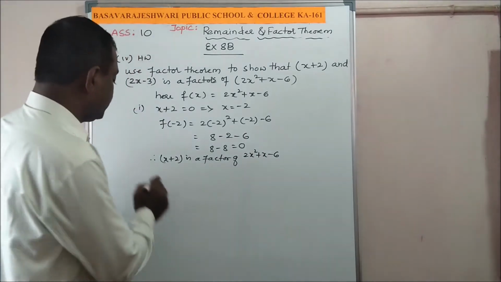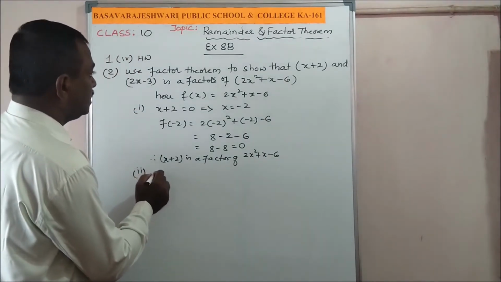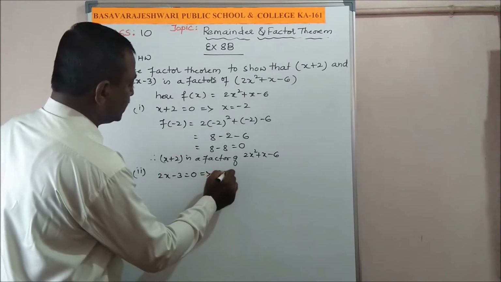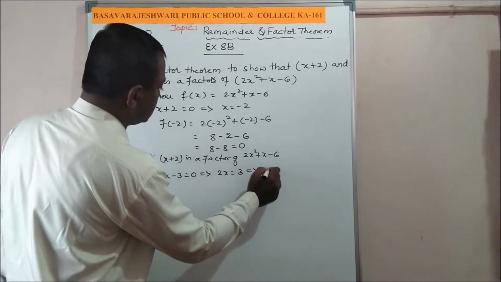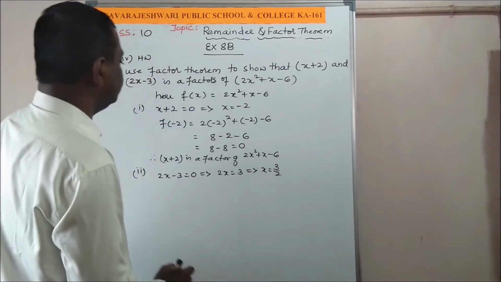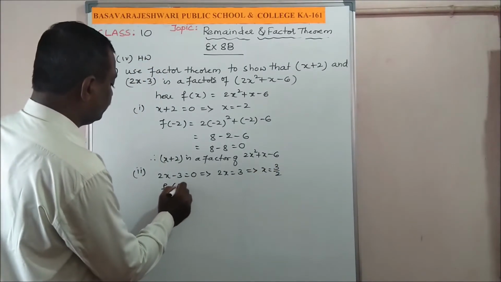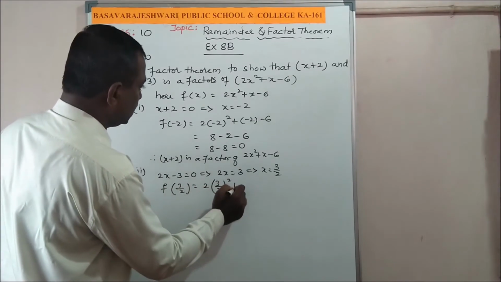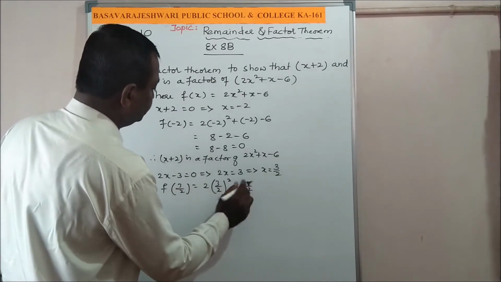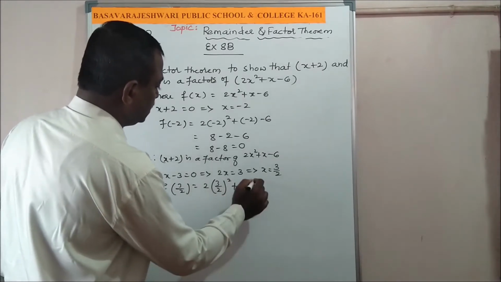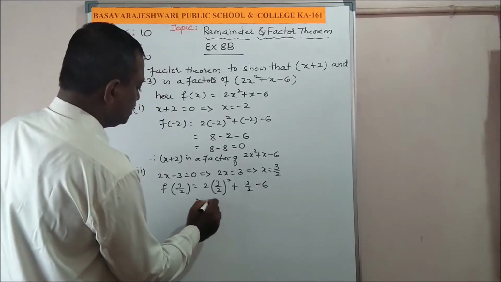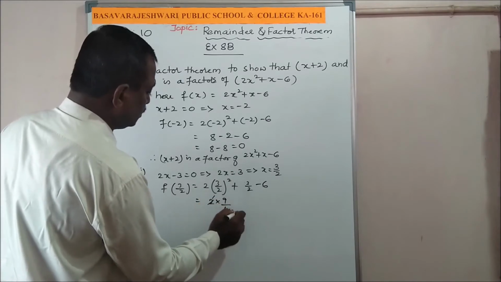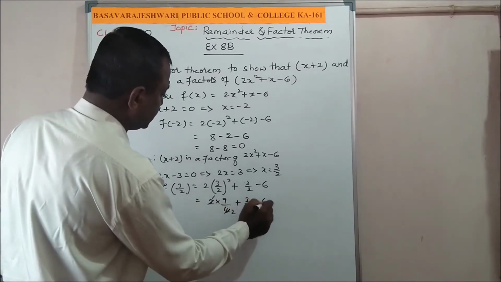That is the first part. In the second part, 2x minus 3 is equal to 0, which implies 2x is equal to 3, so x is equal to 3 by 2. So f(3/2) is equal to 2 into (3/2) squared plus 3/2 minus 6. That is 2 into 9/4 plus 3/2 minus 6.